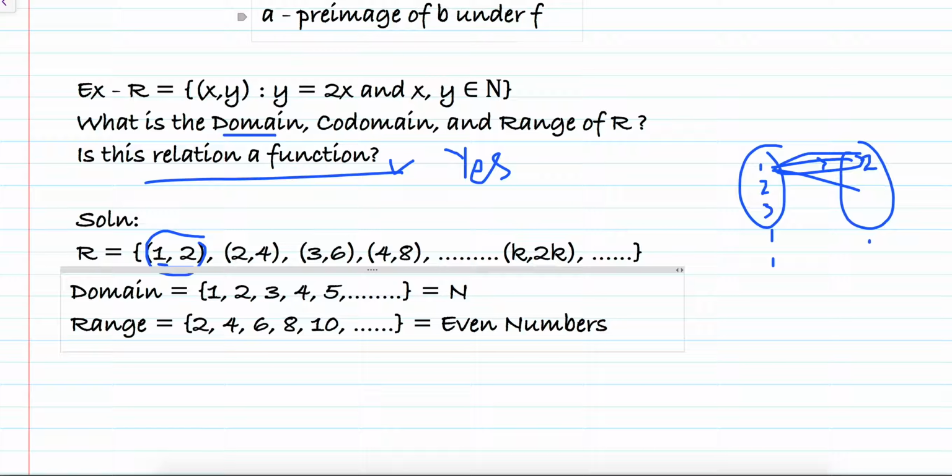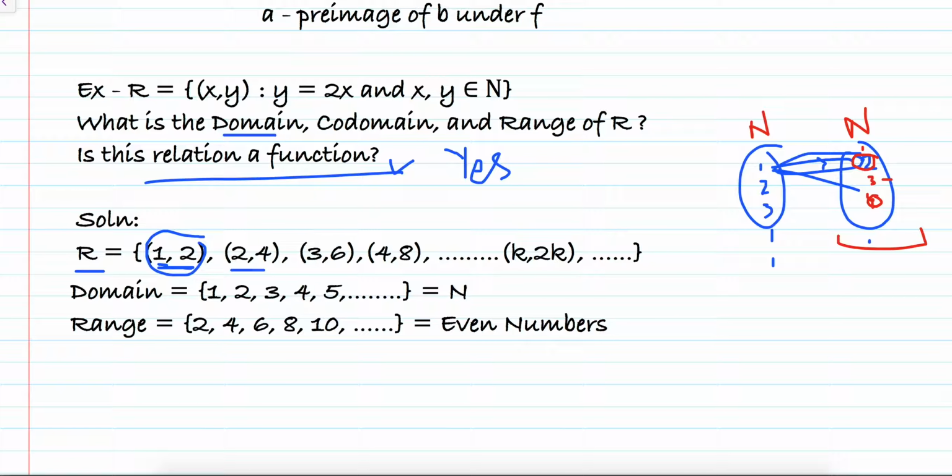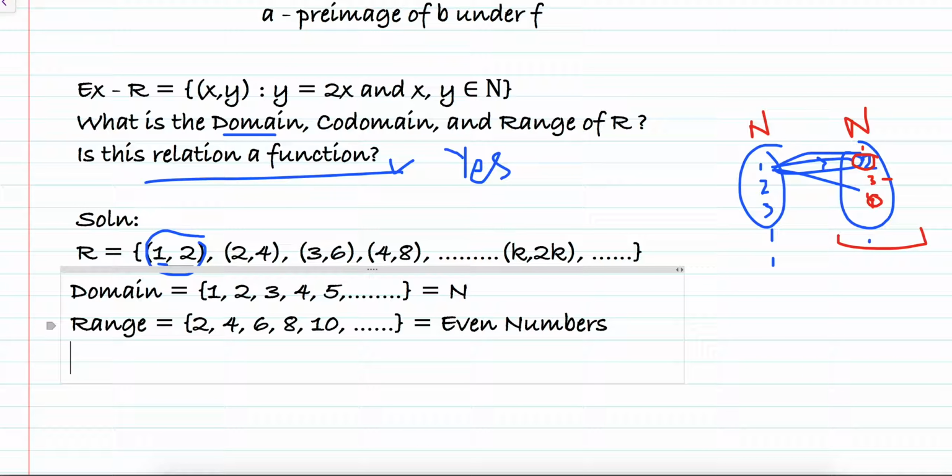And the codomain, you remember this is N, this is also N. So here also we will have 1, 2, 3, 4, 5, but here the even numbers will be the image of some element, but these odd ones will be left out. So the codomain is this entire set. So the codomain would be again natural numbers, all the natural numbers.